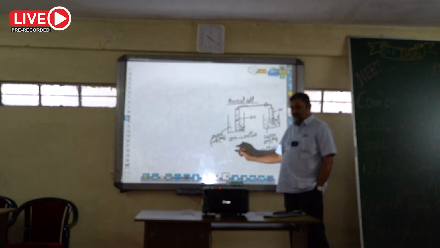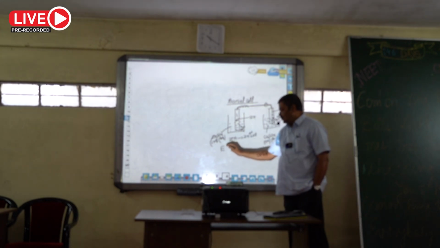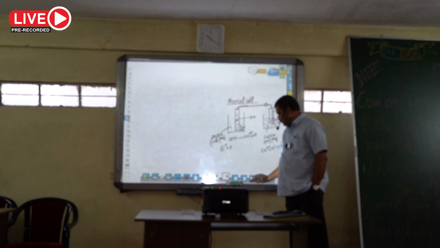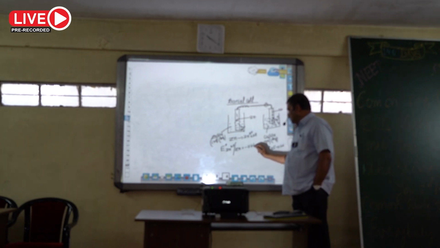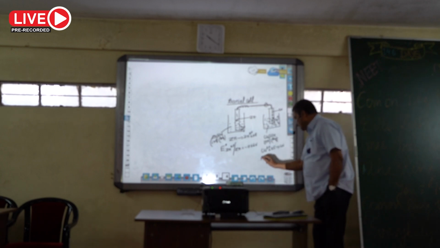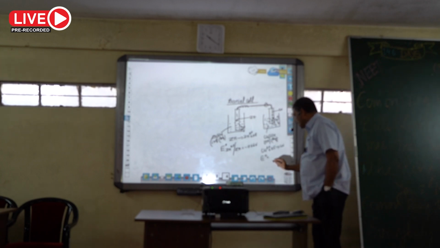Here if you take the values, the E naught of Zn2 plus slash Zn is equal to minus 0.76 volts, whereas E naught of Cu2 plus slash Cu is equal to plus 0.34 volts.